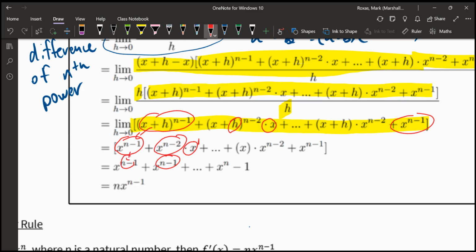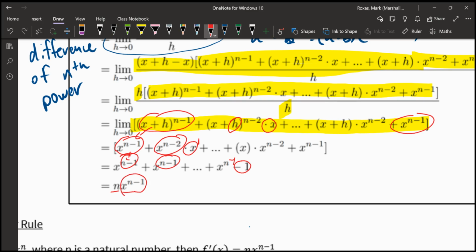And this term here, I have an x to the n minus 1. Every term is going to be that way. Okay, and then when you collect all those terms, how many of those terms do you have? Well, you have n of them, right? So it's going to be n times x to the power of n minus 1.